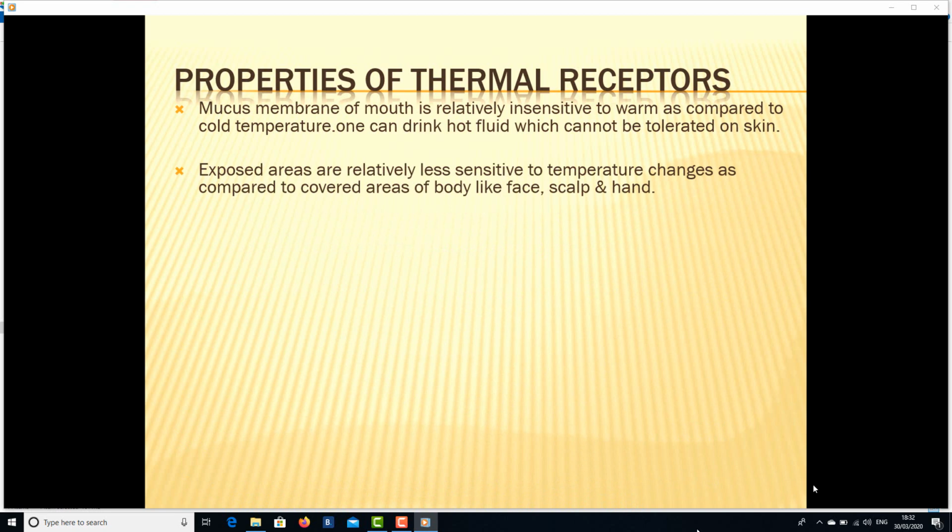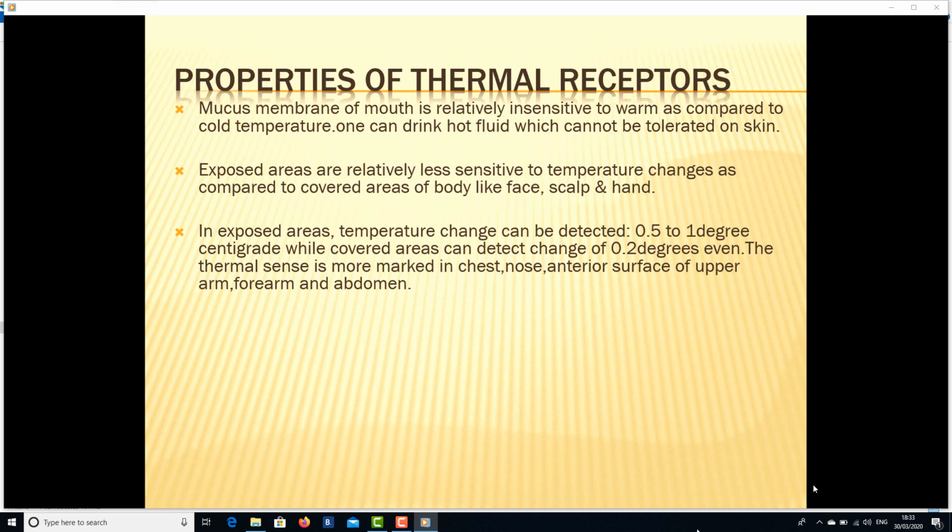The exposed areas are relatively less sensitive to temperature changes as compared to the covered areas of the body. Even in severe winters or severe hot weather, we do not cover our face, scalp or hands, and we do not feel as cold or as hot on these areas in comparison to the areas which we usually cover.